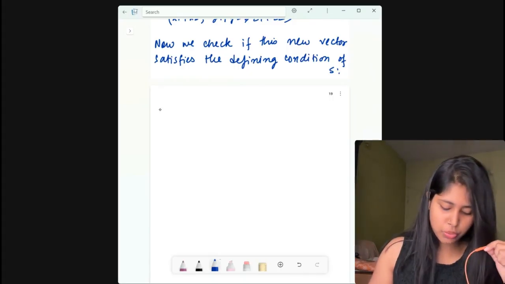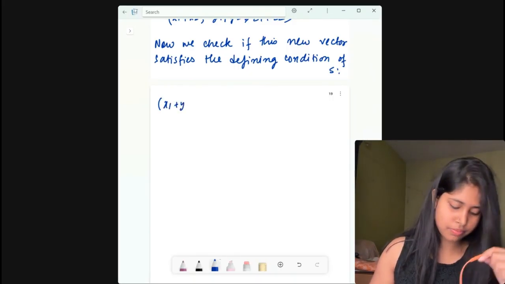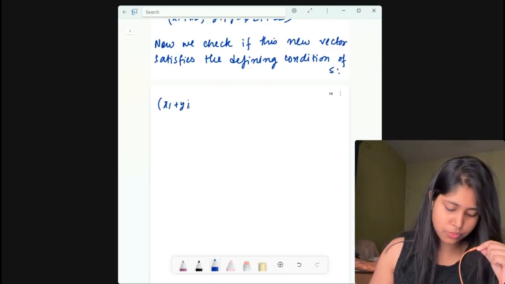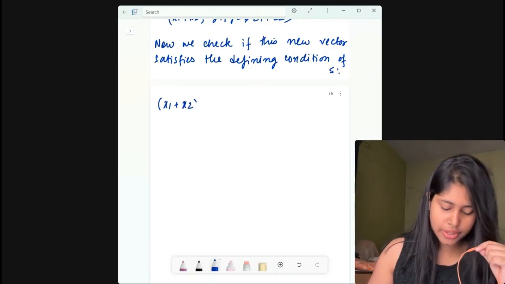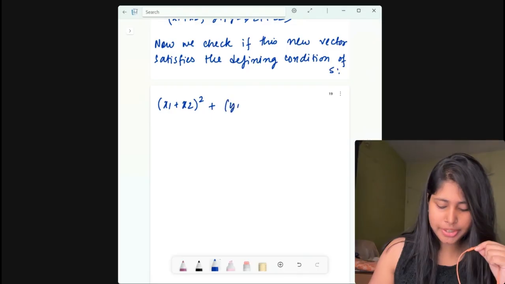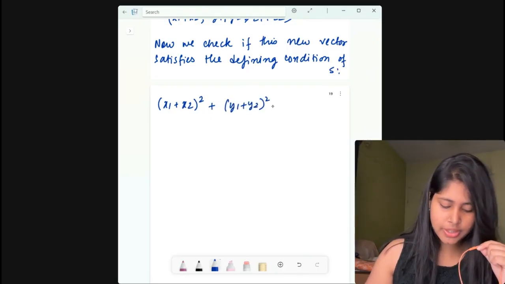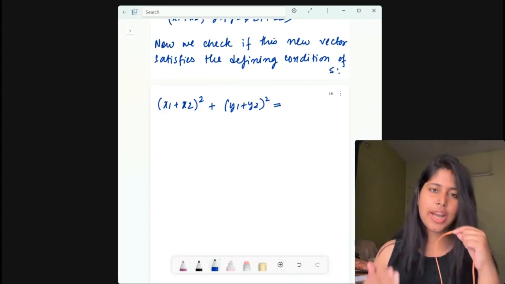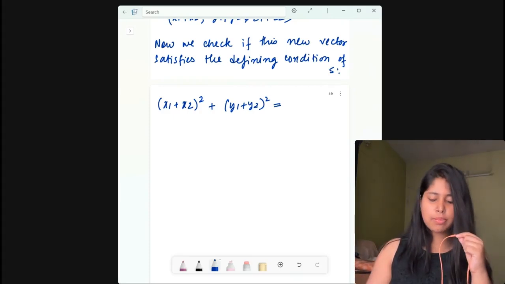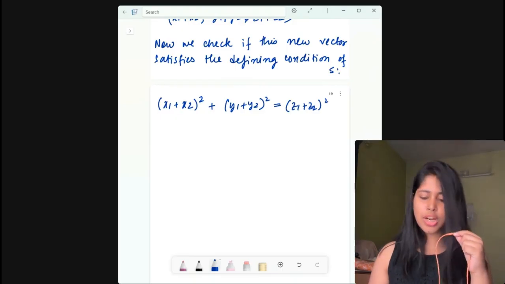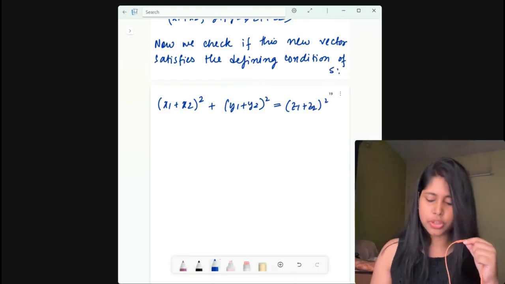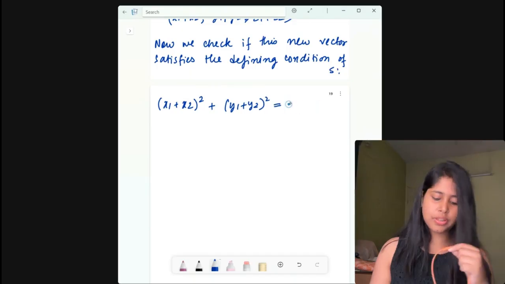Then it will be (x1 plus x2) whole squared plus (y1 plus y2) whole squared is equal to, and we have to check whether it comes to be (z1 plus z2) whole square. We have to check this; we are not assuming this part. Let us see what we get here.